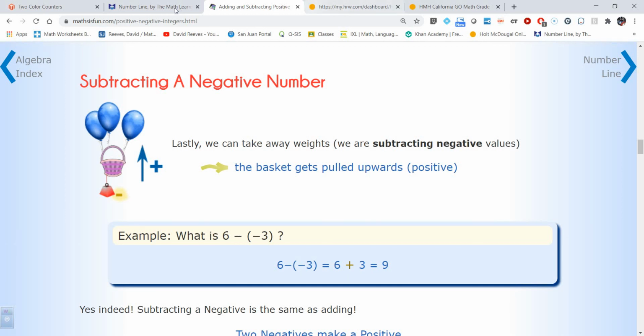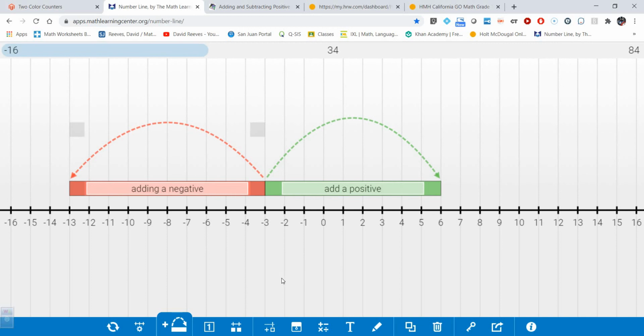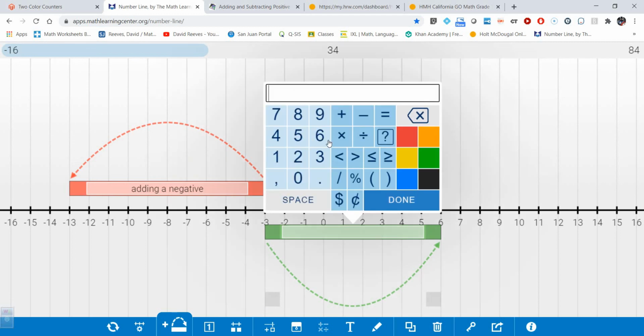So if I go back to my number line right here, if I want to go up, I can subtract a negative here. So down here, I can do the same thing. Let me see if I can click on here and get this.